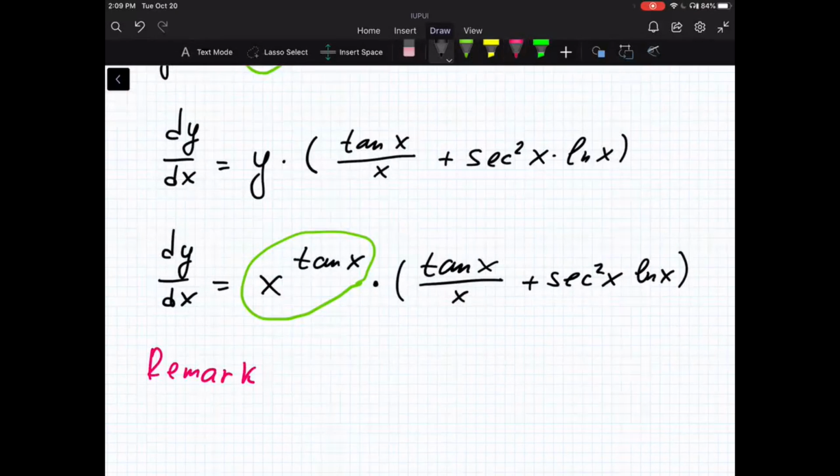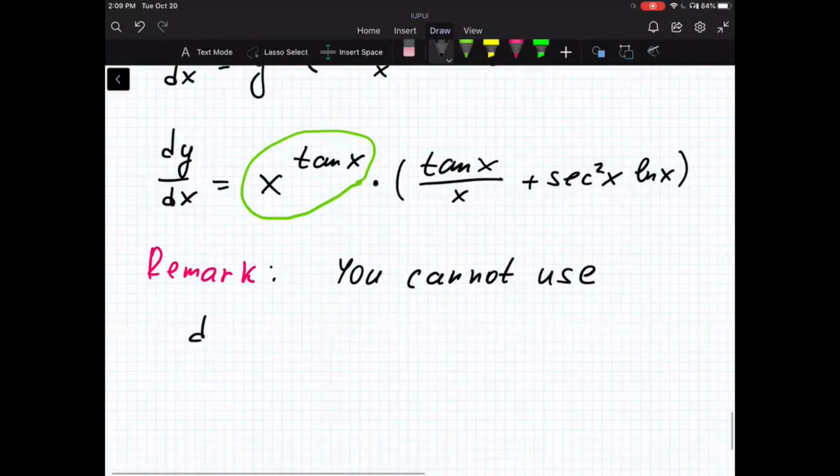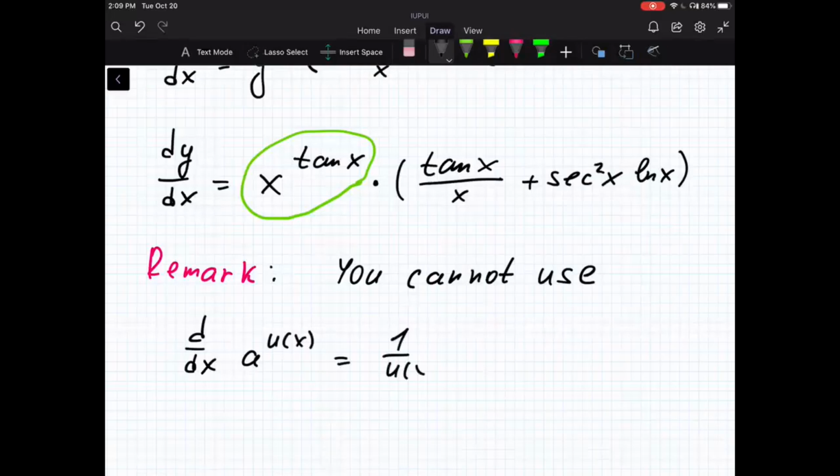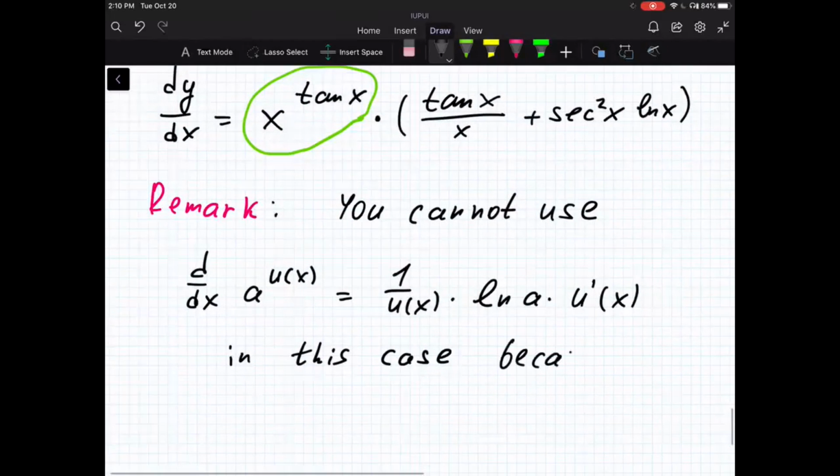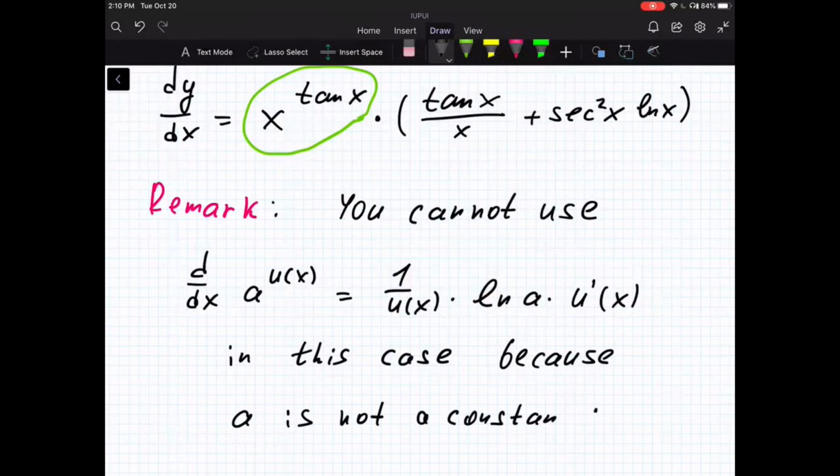So the remark is the following: you cannot use that rule that we discussed, d over dx of a to the power u of x, which is 1 over u of x times the logarithm of a times the derivative of u, in this case, because a is not a constant in this example.